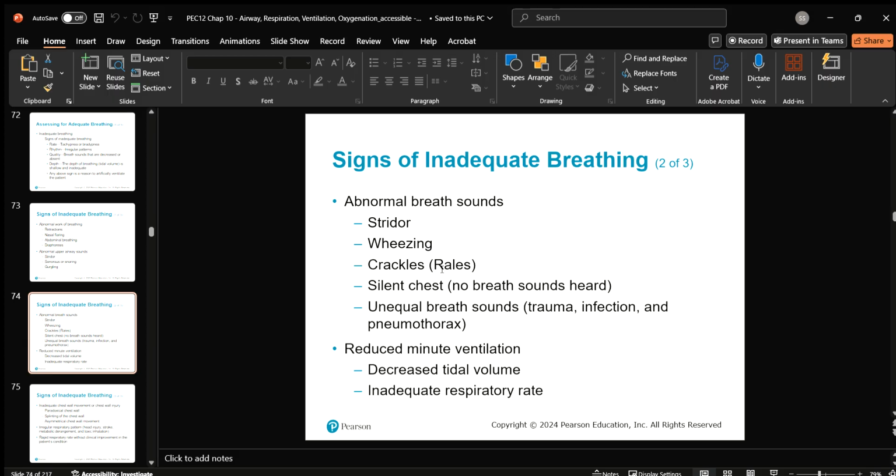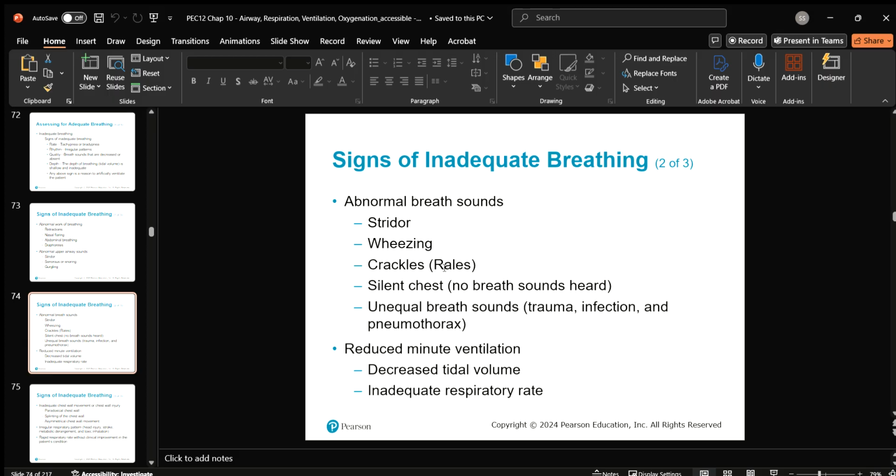Crackles, also known as rales, are a popping sound, and it sounds a little bit like Rice Krispies when you pour milk into the bowl. That sound is the alveoli popping open, because they may be surrounded by fluid, and so that's what that sound is.